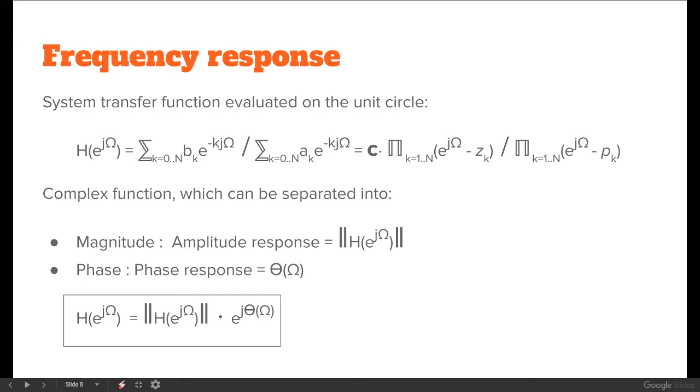Okay. Let's sketch this a little bit. So this is the amplitude response graph, and that is the angle of the first zero point. And we know that the frequency response goes to 0 at that point, and then must go up on both sides.